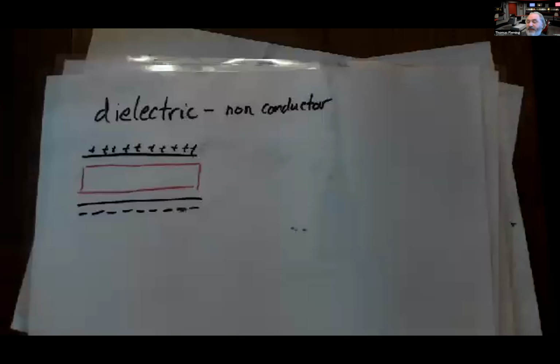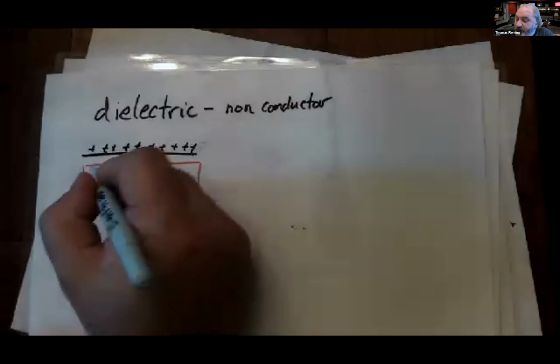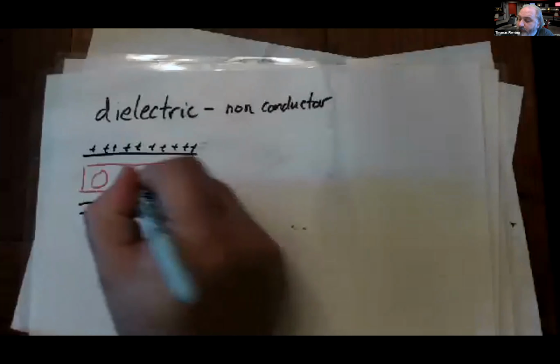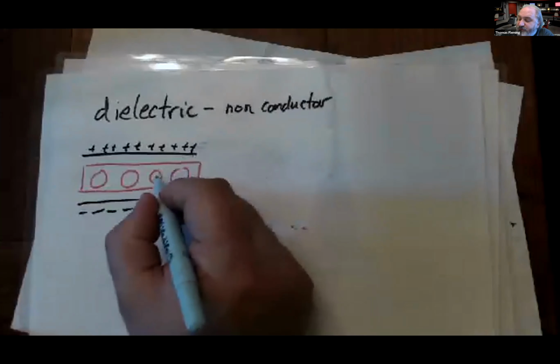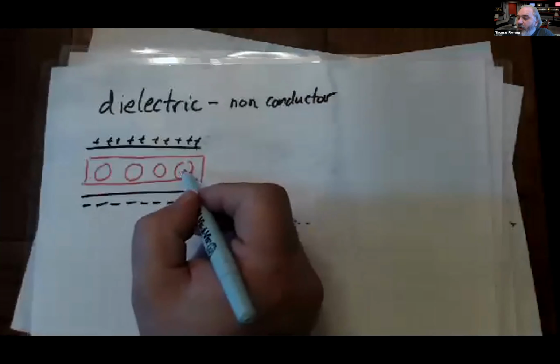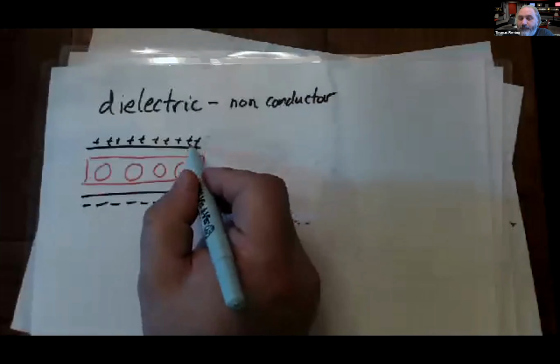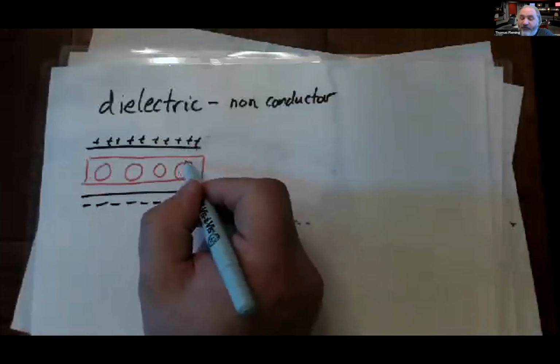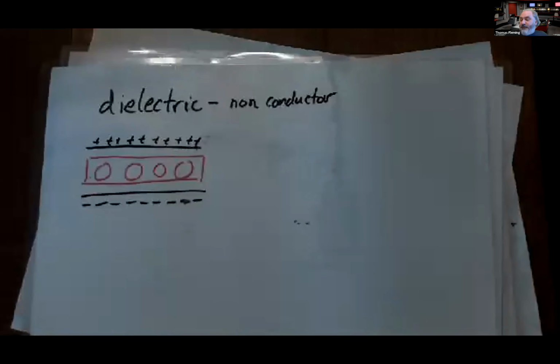And in my capacitor, if I put a dielectric in there, I expect that I should get some amount of polarization inside my material. So if this material consists of a bunch of atoms, mention these are individual atoms inside my material, what's going to happen is the negative parts of the atoms are going to get pulled a little bit closer to the plus side of my capacitor.